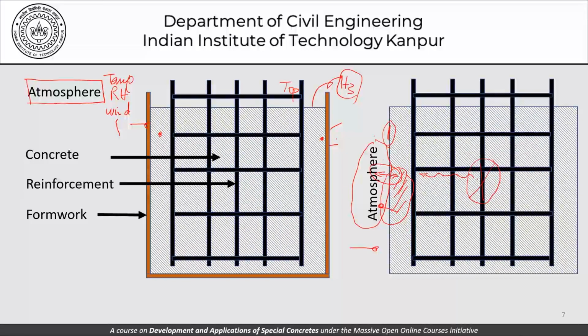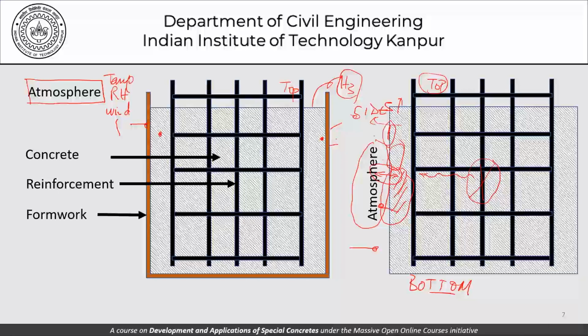But the water here can quickly evaporate, and that is actually true from all sides. It depends on what kind of atmosphere or conditions are prevailing on what we can call the top, the sides, which is this side of the concrete structure, and possibly the bottom.